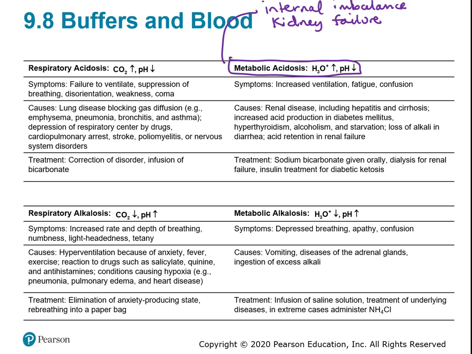So the kidneys can't. So that means now this acid begins to build. Kidney failure, liver failure. Your liver is a big filter, and its job is to convert things that are toxic to things that your kidneys can flush. So if the liver's not working, then those toxins aren't going to get detoxified the way that they need to.